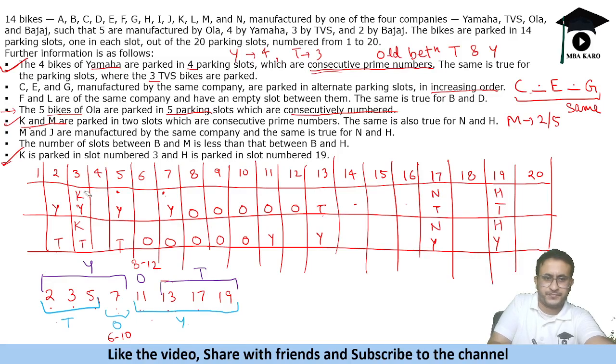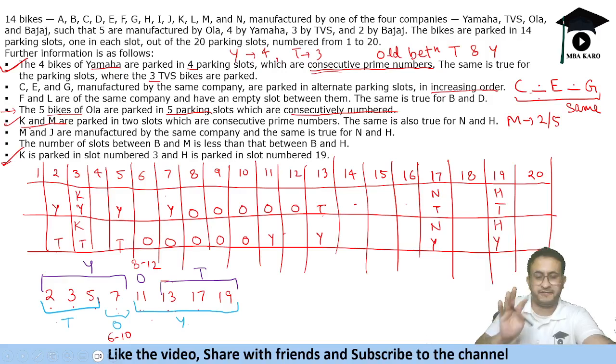So we cannot put C, E and G like this. Here we do not have such an arrangement wherein there are 5 bikes, and out of these 5, 3 are alternate, like one bike, then another space, then one bike. So we cannot put them here either.